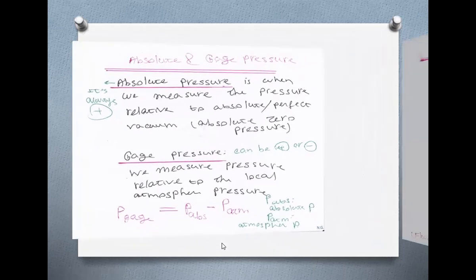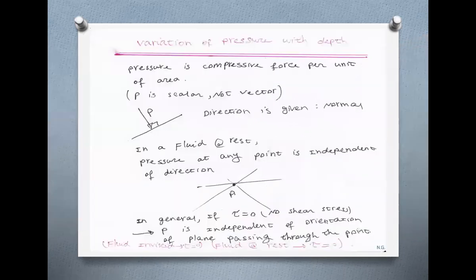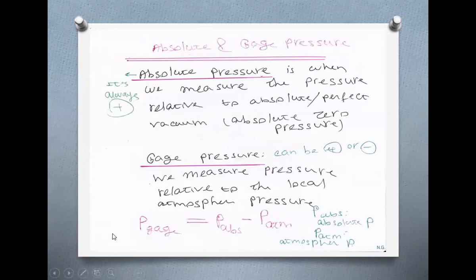I wish I had a figure for you that shows it better, but I don't. But you can draw it yourself: have a line that shows absolute zero, and then here is the pressure of the atmosphere. This distance shows the pressure of the atmosphere. And then there is another fluid. Let's say the pressure of the fluid is above the pressure of the atmosphere.